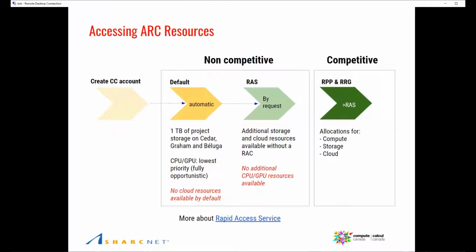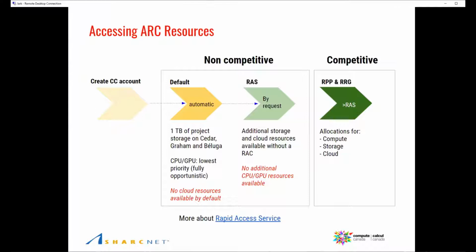This is a quick overview of how the resources are accessed and allocated. If you're new, the first thing you do is get an account. Once you have an account, you have access to two pools: one is non-competitive and the other is competitive. In the non-competitive pool, people get access to a default amount of resources.